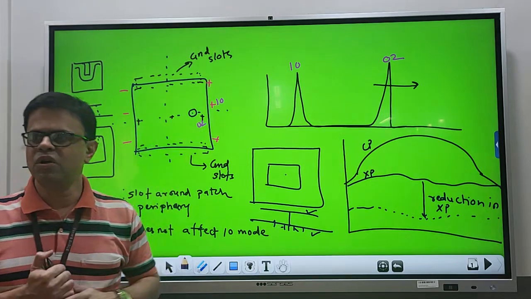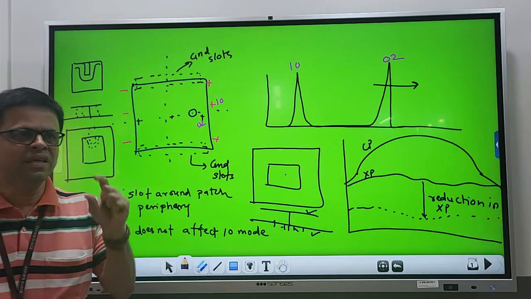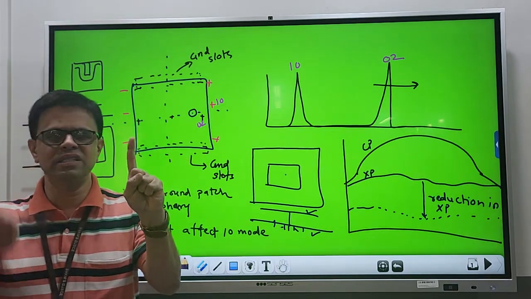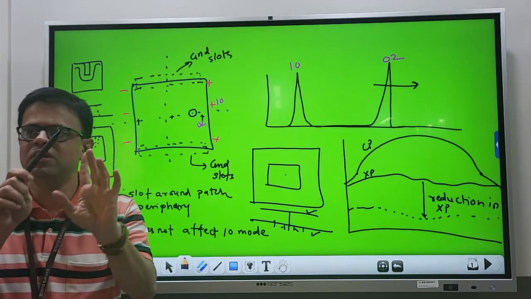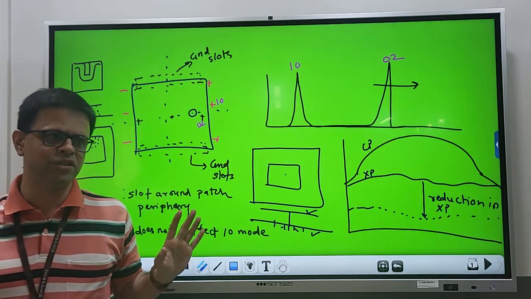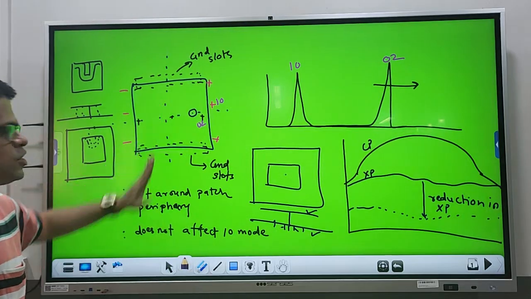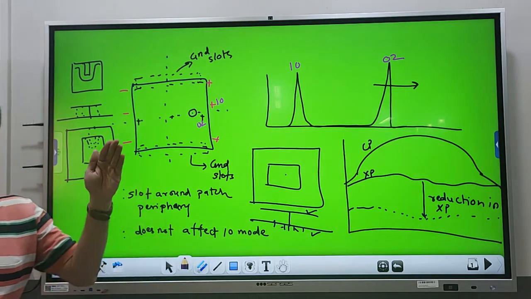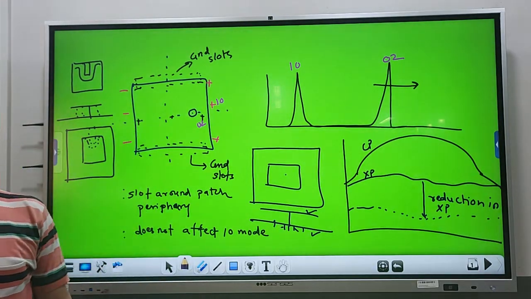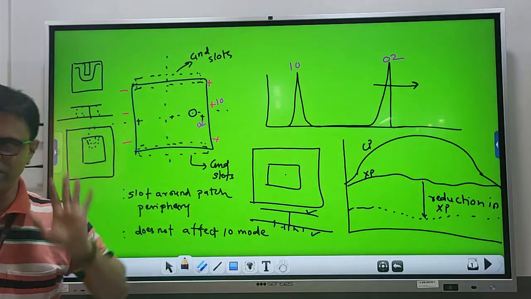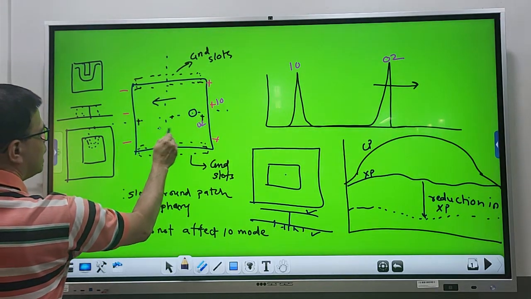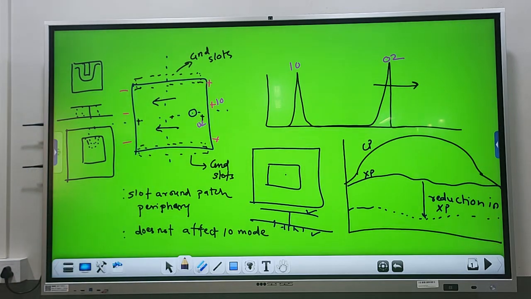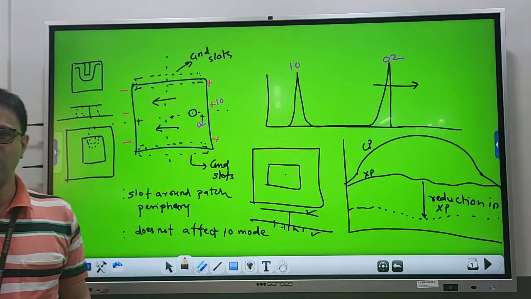Now, going to the cross-polar level, we have seen that if this is the antenna polarization and if this is the incident level, the cross-polar level depends upon the bidirectional current nature on the patch. We have seen in case of rectangular microstrip antenna, when you excite that antenna in the fundamental TM10 mode, the surface currents are directed along the patch length.